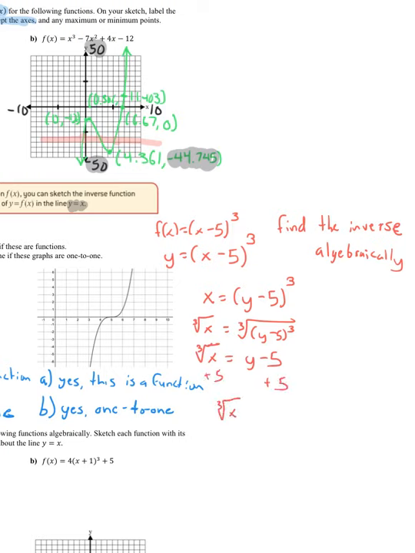So cube root of x plus 5, 5's not in that cube root, equals y. And we could say, oh, that's f inverse, the cube root of x plus 5. All right. So that's how you would do finding an inverse algebraically.